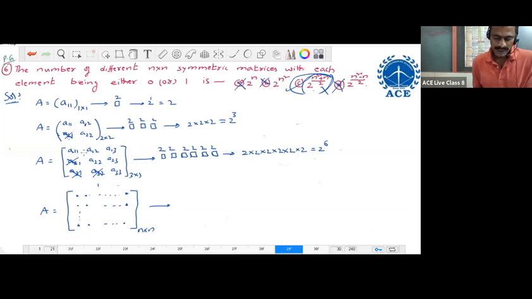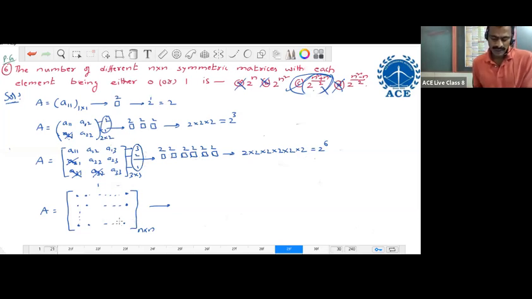In the third order, along the first row 3, along the second row 2, along the last row 1: 3 plus 2 plus 1, which is 6. This is the sum of the first natural numbers. Here there are 6 boxes; here 2 plus 1, 3 boxes.